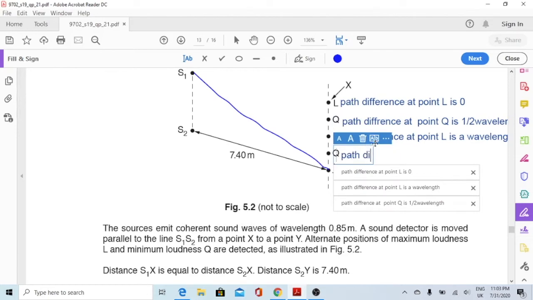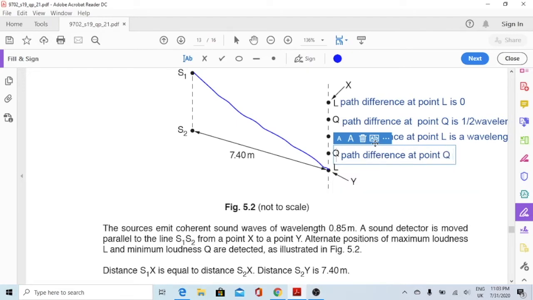So over here the path difference at this point will be equal to 3/2 of the wavelength of the sound wave.